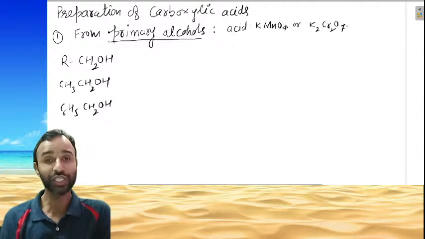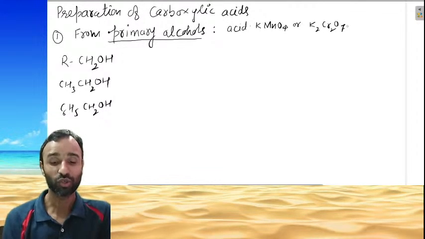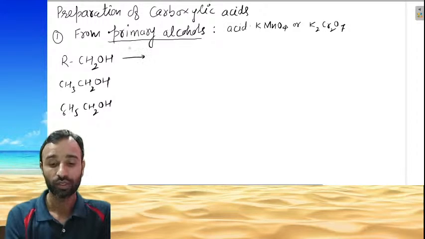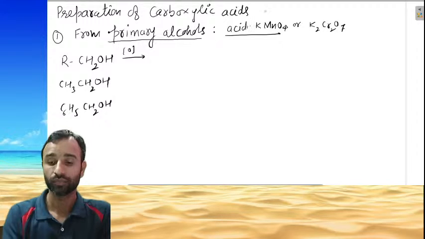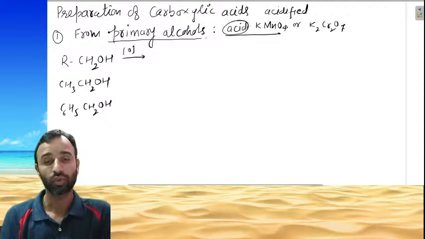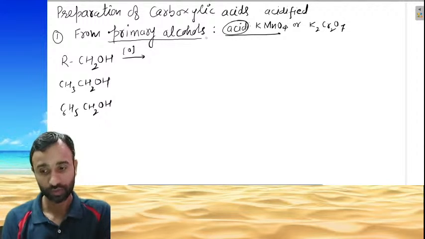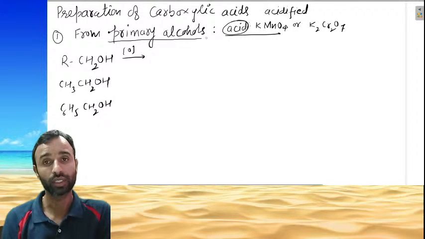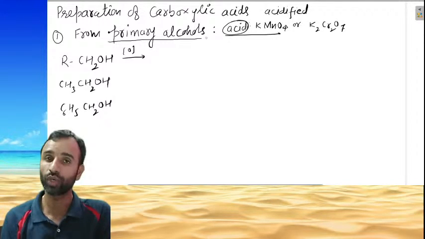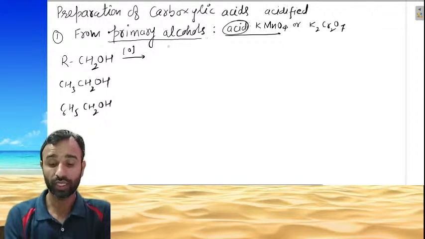You know, these are oxidizing agents, acidified. You can write it completely: KMnO4 with H2SO4 or K2Cr2O7 with H2SO4. So when they are oxidized, first they are converted into aldehyde.